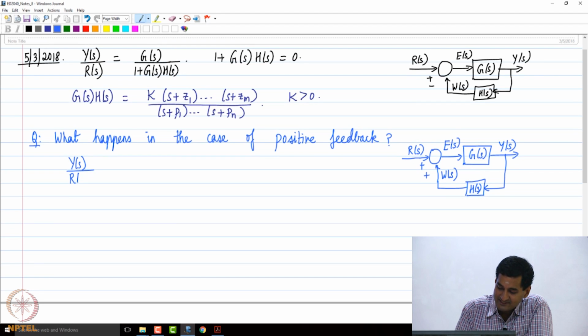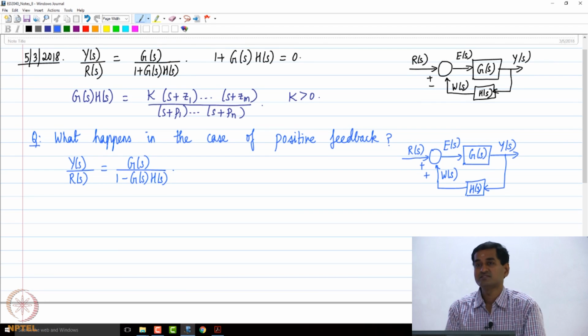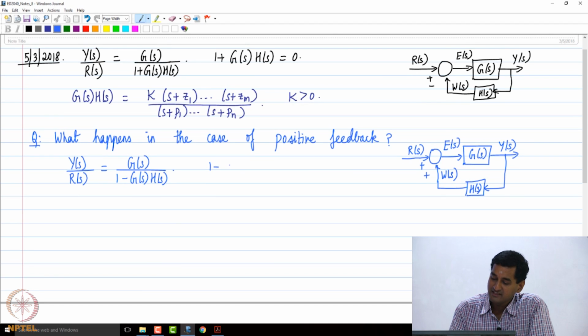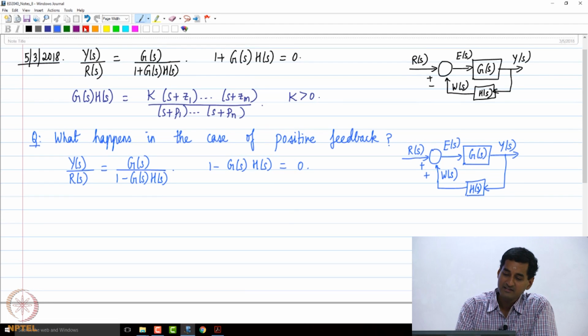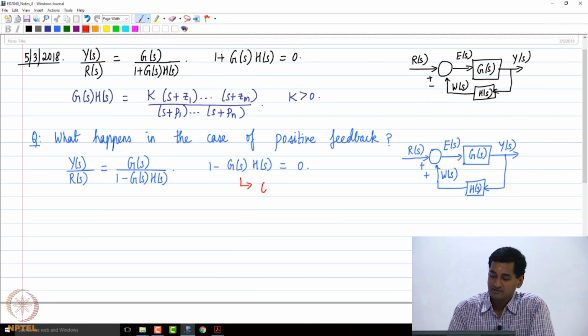In this case the closed loop transfer function becomes G of s divided by 1 minus G of s H of s. Consequently, the closed loop characteristic equation would be 1 minus G of s H of s equals 0.